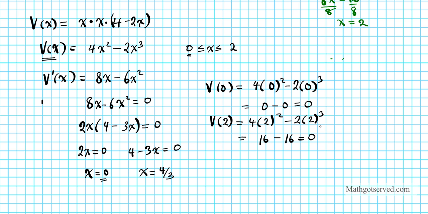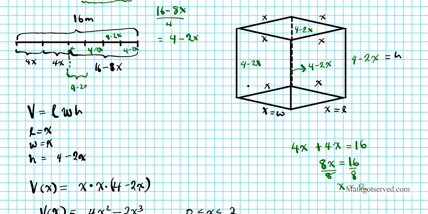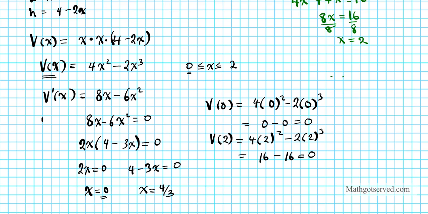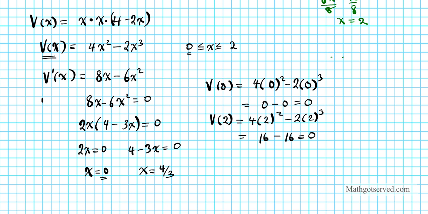Okay? This makes sense too, right? Because if you devote all your material to just making the top and the bottom and no material to the height, your rectangle will have no depth. It will just be a flat surface and it will enclose 0 area. So you can see that the upper and lower limits of x both yield 0.